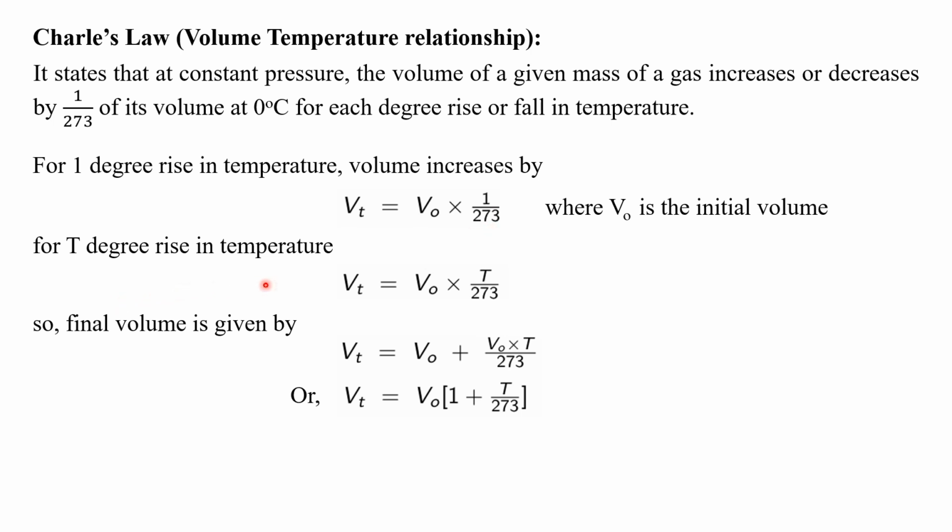So for T degree rise in temperature, we get V0 times T by 273. The initial volume was V0, and the final volume after T degree rise is V0 times T by 273 added to it. If we rearrange, we get Vt, the final volume, is V0 times 1 plus T by 273.